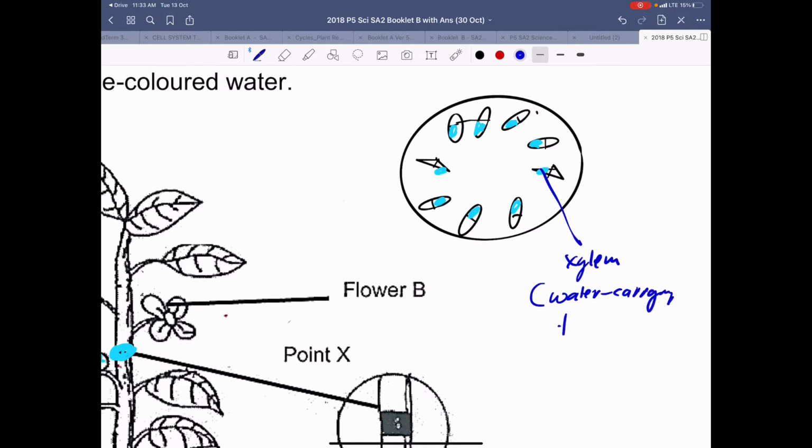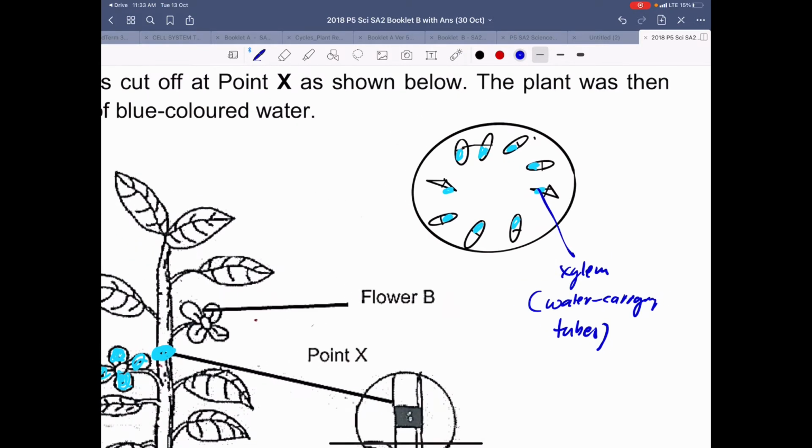You see, I use one word, xylem, right? I save three words. Okay, think about it, but I'll make sure you spell it correctly. Then the one that I'm coloring in red, the outer, very good, well done, Emmanuel, is the phloem, or food carrying tubes.